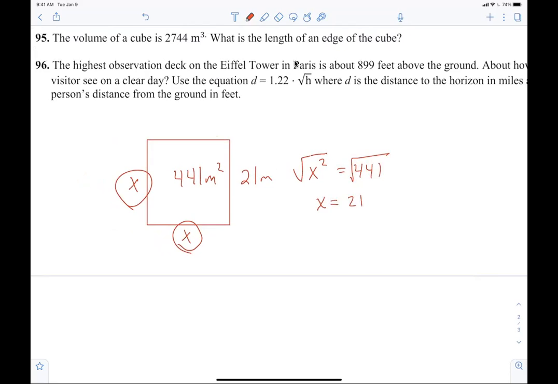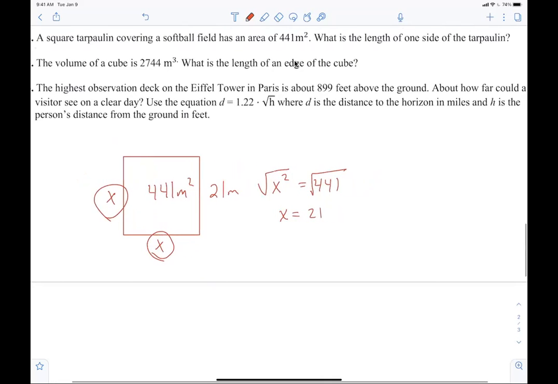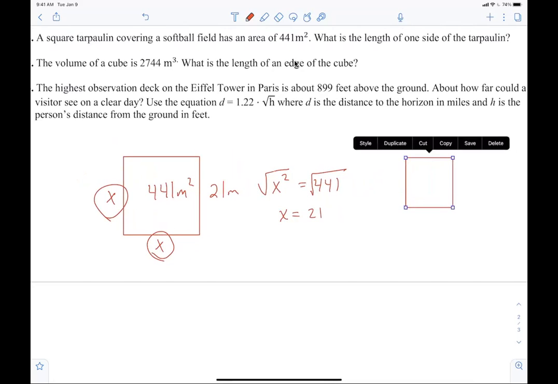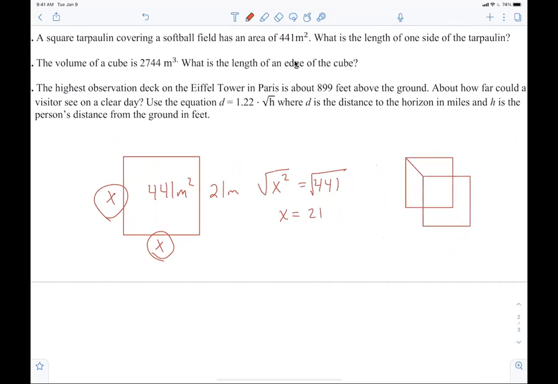All right. Now, the volume of a cube. So if we were to construct a cube, let me see if I can draw that for you. And the volume, it says, is 2,744 cubic meters.